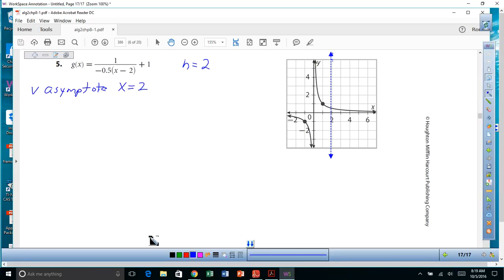We know our k is 1. So our horizontal asymptote is y equals 1. And we'll go ahead and draw that. And there we go.